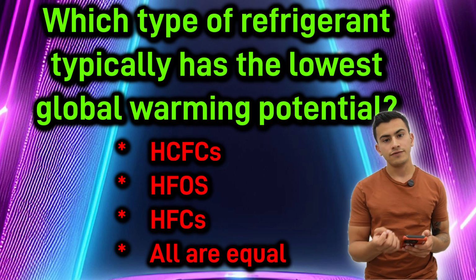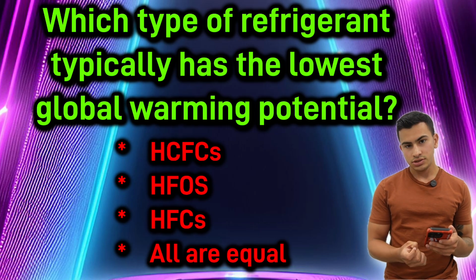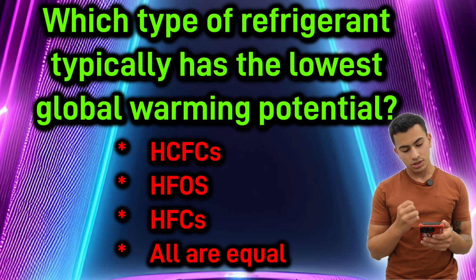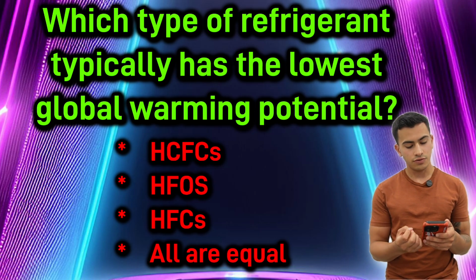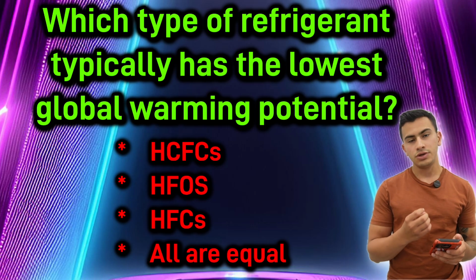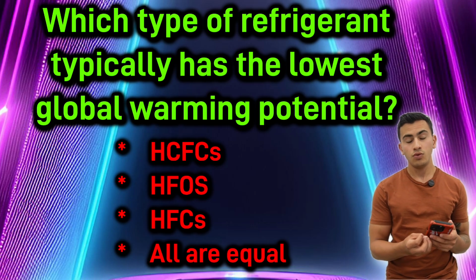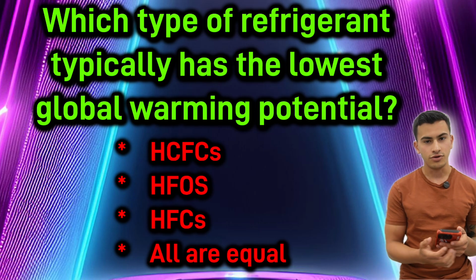It does have chlorine in it. HFCs, it doesn't have chlorine, but it has carbon, so it is harmful. Are they all equal? Not really. It will be HFOs, which does not have chlorine at all.